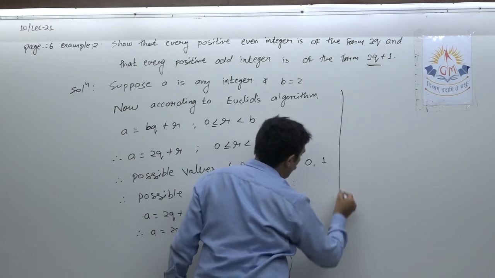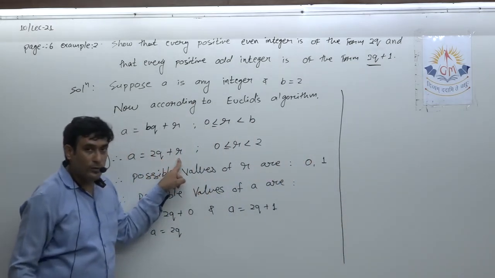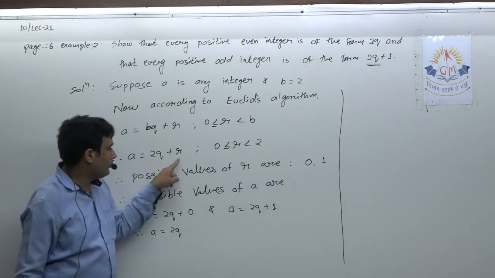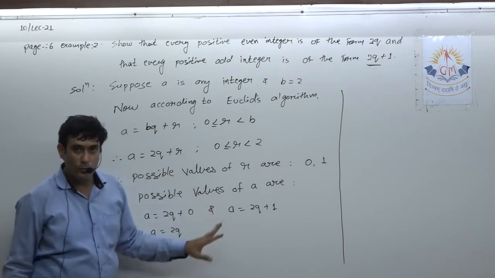These are the possible values of a, isn't it? If I put r equal to 0, I get a equal to 2q, and if I put r equal to 1, I get a equal to 2q plus 1.